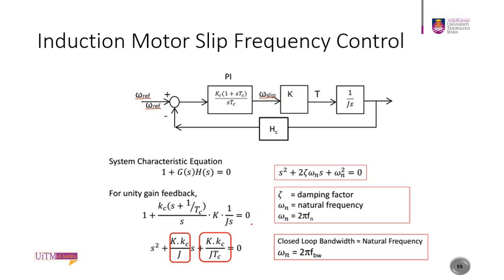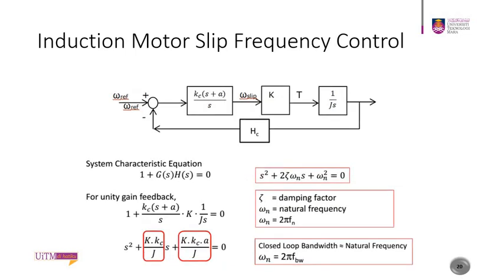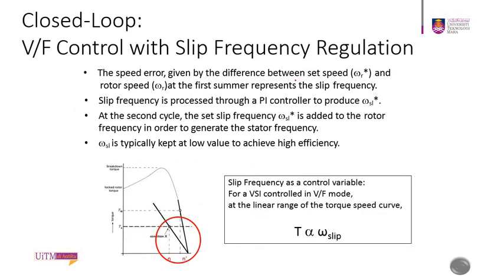Step function equation, and the unity gain feedback. The value of SDC can further be changed to A, and so it's the same equation. The speed error is given by the difference between the set speed, the speed that's been set, and the rotor speed.